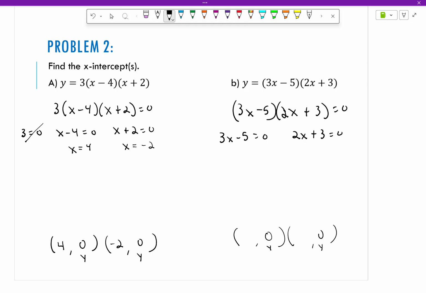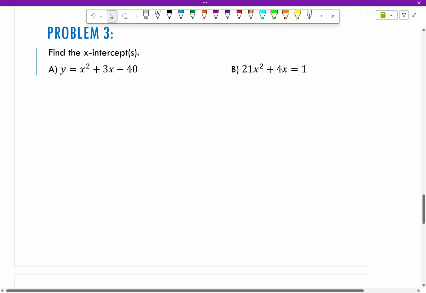So I will add the 5 over, divide by 3. For the next one, minus the 3 over, divide by 2. So we have 5 over 3, 0, and -3 over 2, 0.